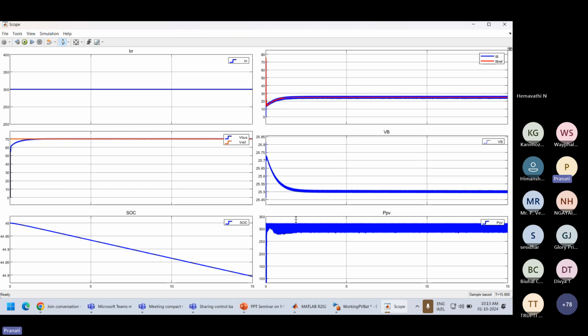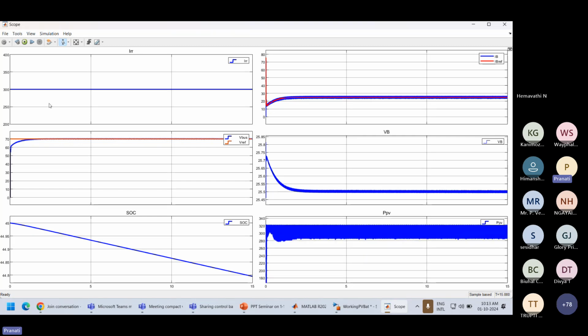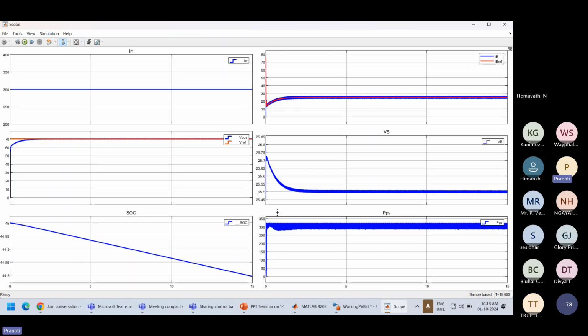See, at 300 watt per meter square, it goes around 300 watts. When the irradiance was 1000 watt per meter square, your PV power was around 1065. Now, when we have changed the irradiance to 300 watt per meter square, our PV power also changed to around 300 watt.